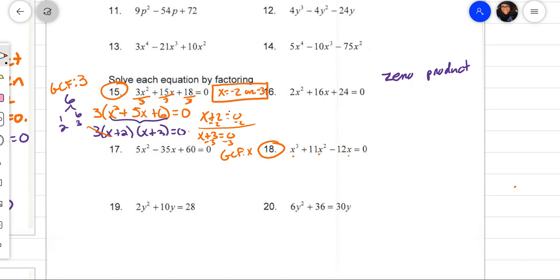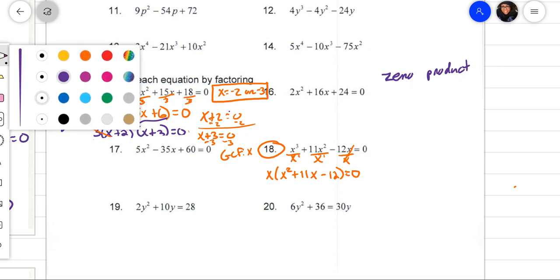So first thing I would do is take out my x. Everything gets divided by x. I have x on the outside, and I'm left with x squared plus 11x minus 12. Again, those cancel, and we subtract the exponents for the others. And again, this is an equation, so I need to keep my equal 0 here. Now I'm trying to factor this trinomial.